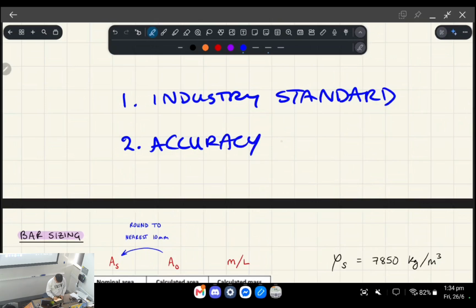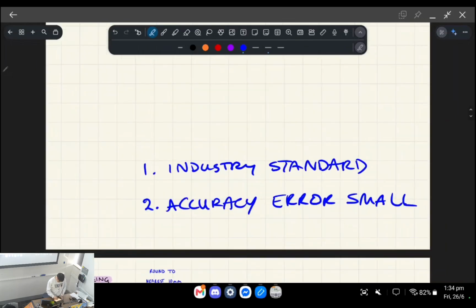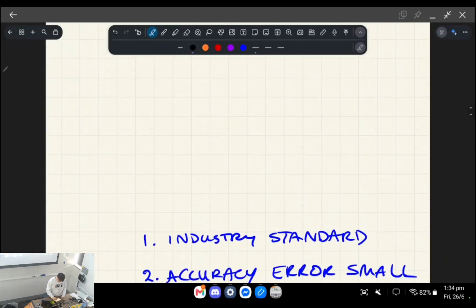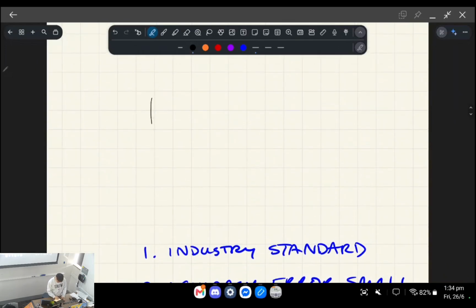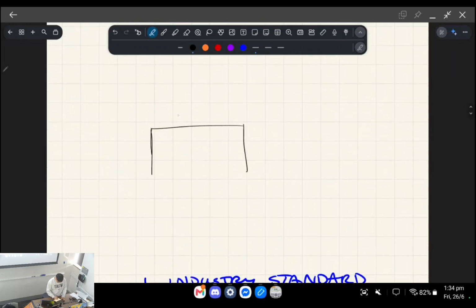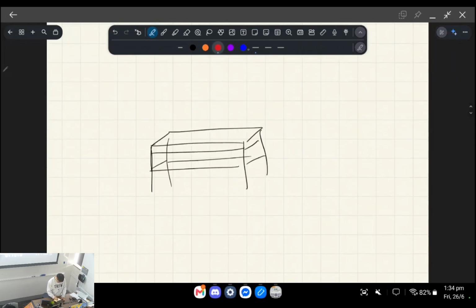Accuracy error small. Okay, so let me tell you about a very quick example, and I'll get into this more when I talk about load combinations. But imagine you're designing scaffolding, and you're interested in designing the strength of this steel structure.